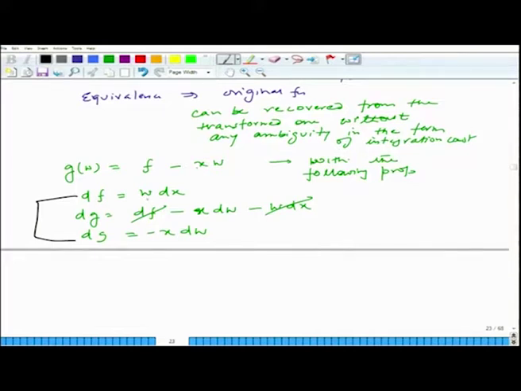So, what you see when you look at this differentiation of f and g is the following: the roles of variable and its derivative are switched between the functions f and g.